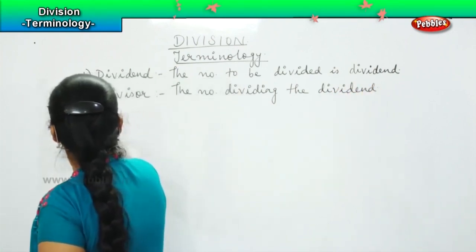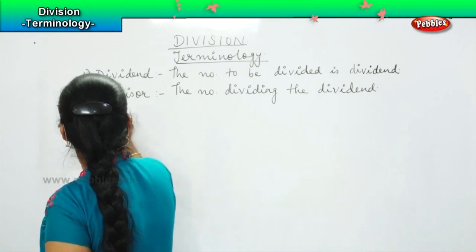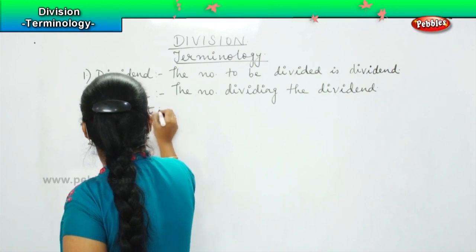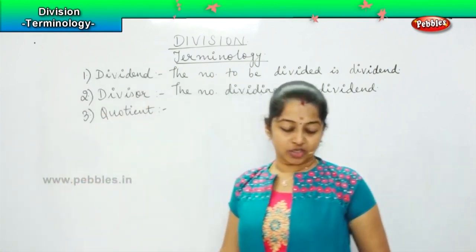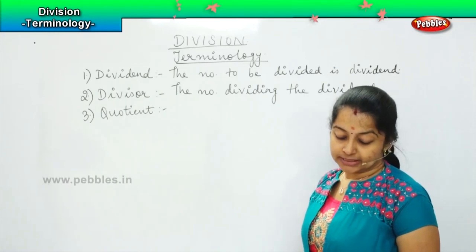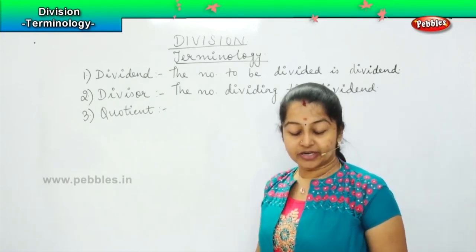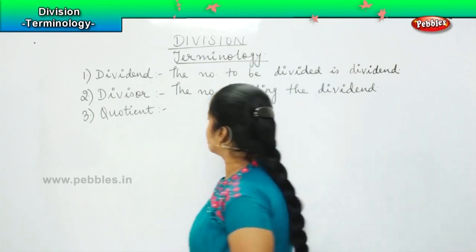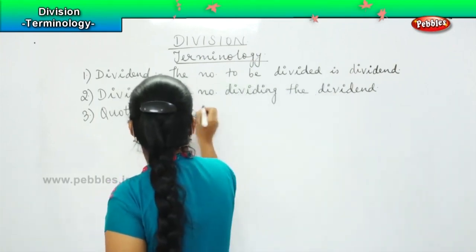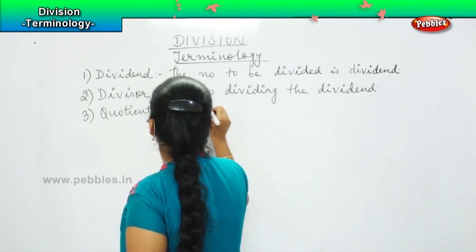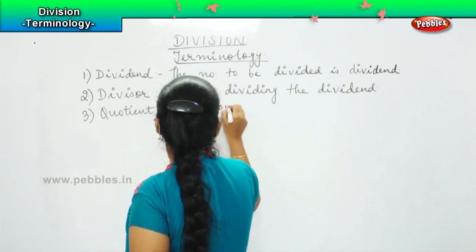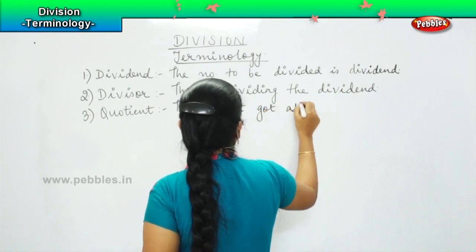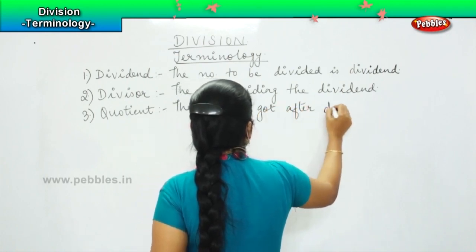Okay. The third concept is called quotient. So what is a quotient? The result obtained after dividing one number by another. So you can say that it is the result got after dividing.